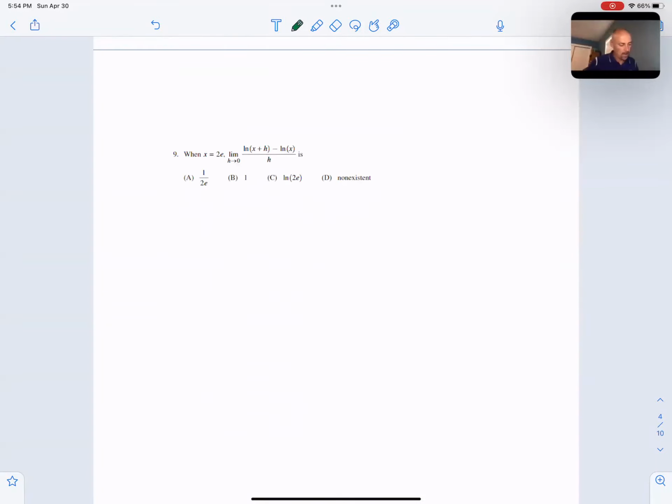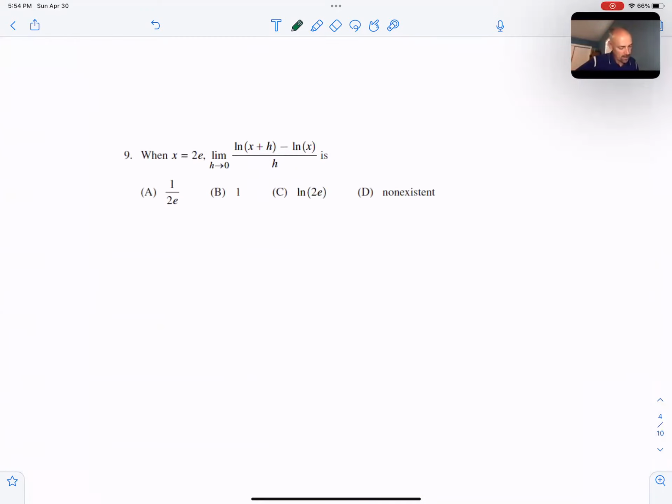Okay. This one, couple ways you could go. If you recognize that's not just any limit, that is the limit definition of the derivative as a function. Well, we know that this is equal to d dx of whatever we have right here. So d dx of the natural log of x is equal to 1 over x. And then they tell us when x is equal to 2e.